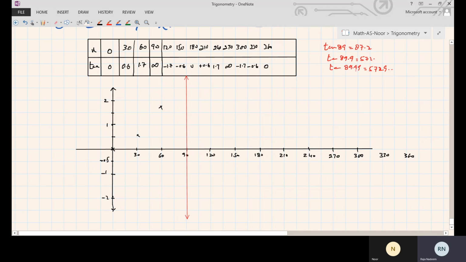As long as you take a number which is very close to 90, you will observe that you get an answer, but that answer would be very, very large. So quickly you can take a few more values close to 90 and see how much the answer is increasing. It's getting bigger and bigger.